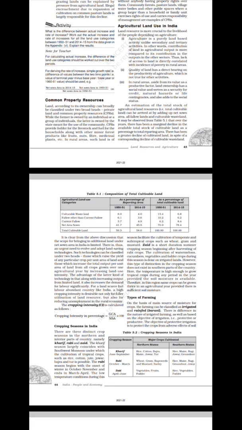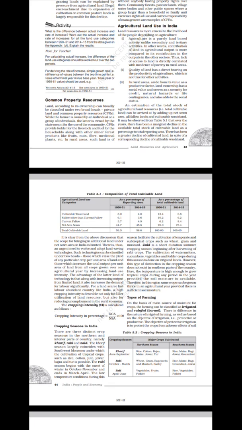Cropping seasons in India. There are three distinct crop seasons in the northern and interior parts of the country, namely Kharif, Rabi and Zaid. The Kharif season largely coincides with the southwest monsoon, under which the cultivation of tropical crops such as rice, cotton, jute, jowar, bajra and tur is possible.